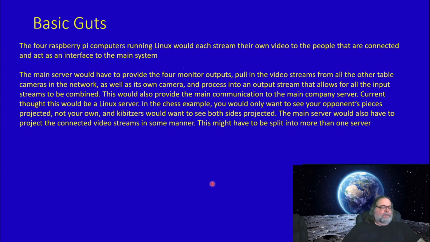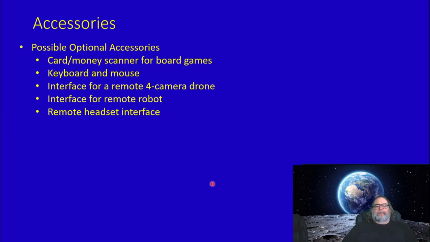Okay. So this thing would also have some optional accessories, like we talked about last time. We were talking about maybe a card money scanner for board games, and optional keyboard and mice for each of the positions. I was also thinking what might be kind of fun is an interface for a drone, so that you could fly a drone from within, or have somebody else fly a drone for you.